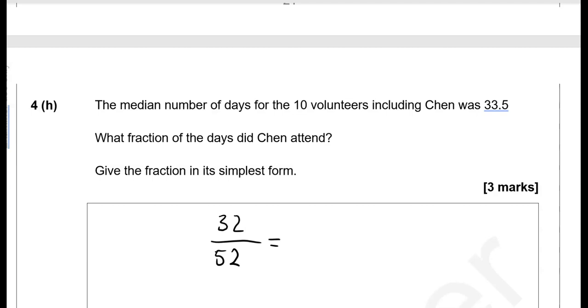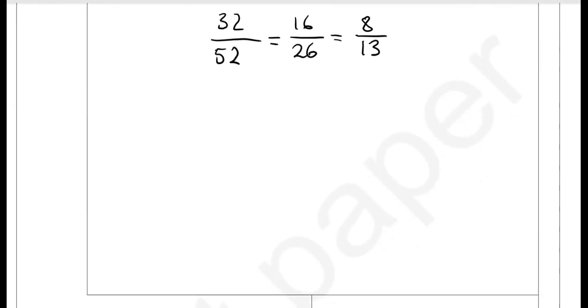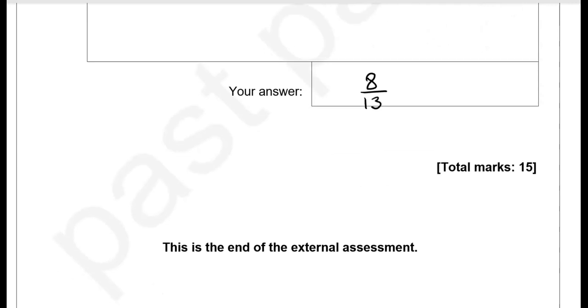Dividing both numbers by 2, we get 16 over 26. Dividing again by 2, we get 8 over 13. And that's the fraction in its simplest form. And this is the end of the paper.